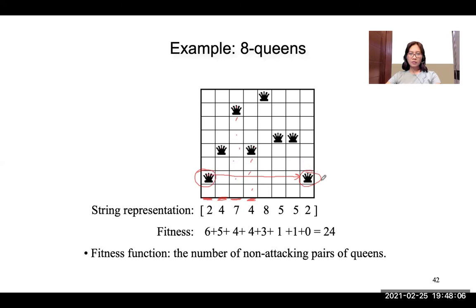For example, this one. I cross this out. And how about the diagonal one? No. How about the vertical one? No. And then the rest is the fitness score 1, 2, 3, 4, 5, 6, because these other 6 are not attacking my queen. So I put this one 6.